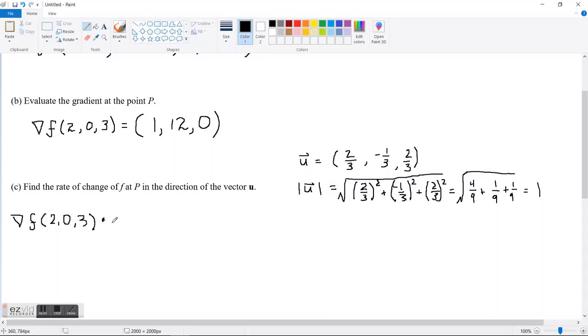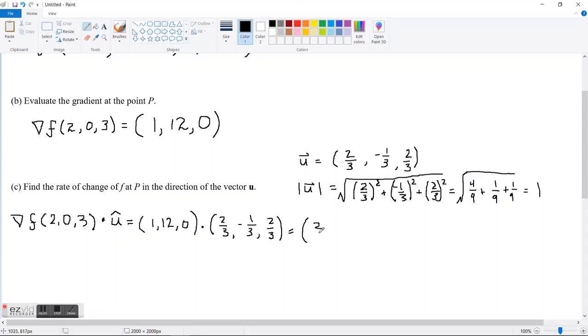Now we are taking the dot product of our gradient evaluated at the point P with the unit vector, and that will give us the rate of change of our function f in the direction of the unit vector. Okay, so we're doing the dot product of (1, 12, 0), which is our gradient evaluated at the point (2, 0, 3), with our vector u, which we found out is a unit vector.